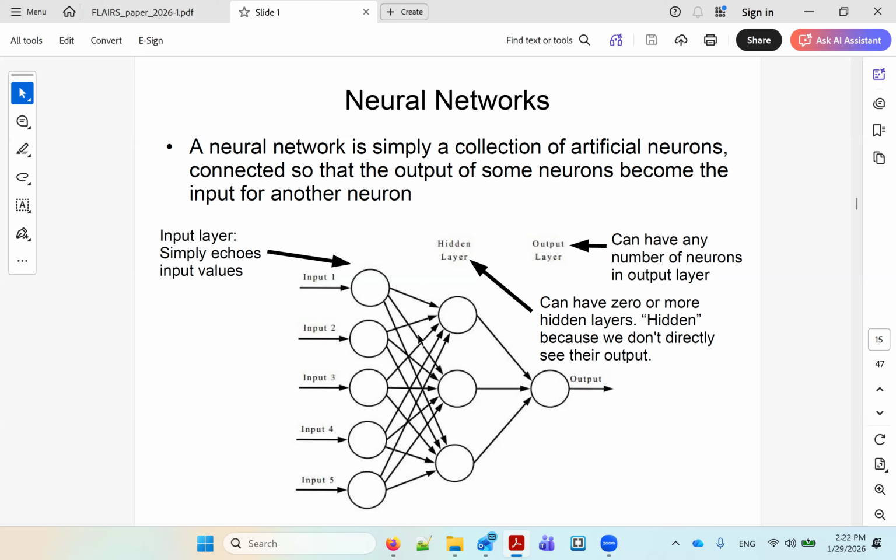Okay, this layer out here is called the output layer, again, for obvious reasons. So that's producing the outputs you're actually going to use for something. There isn't always one. There could be 2 and 3 or a million or whatever. Doesn't matter. I just happened to draw it with 1 here. And then all the layers that are in between, there's just 1 here, are called hidden layers. And all that means is it's because we don't directly see their outputs.